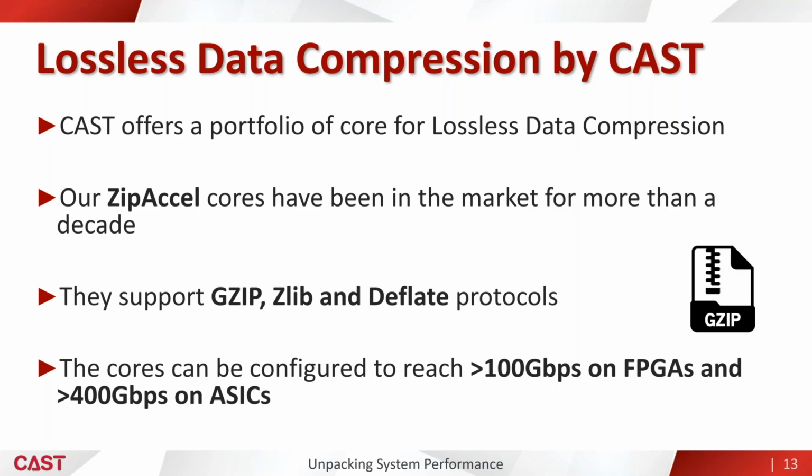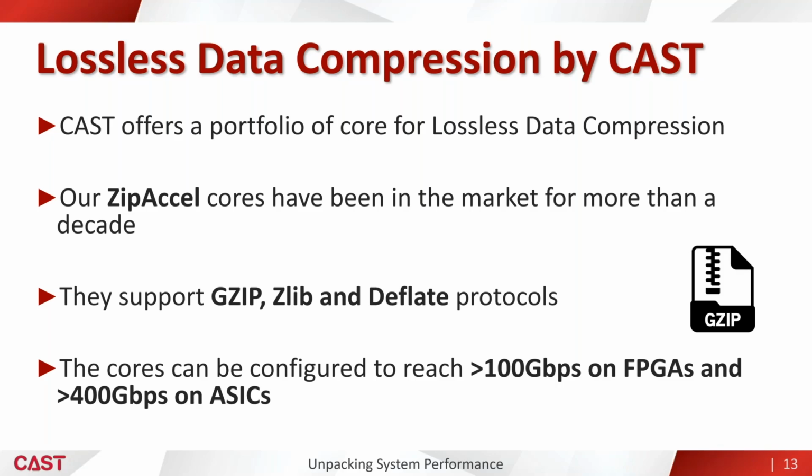We have customers that have productized these cores at speeds of over 400 gigabits per second. They have productized on the newest process nodes of 4 nanometers and 5 nanometers, and we currently have customers that we cannot name, obviously, that are taping out in 3 nanometer technology and designing 2 nanometer technology.